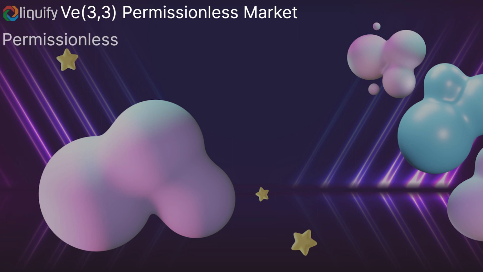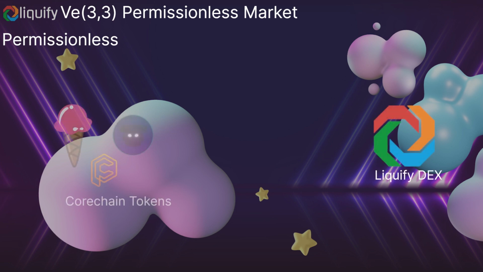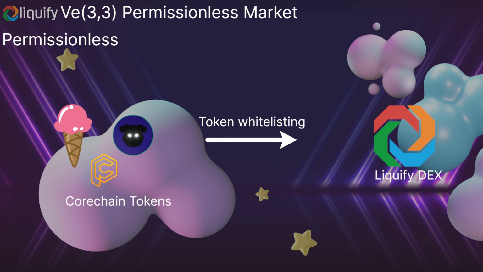Being permissionless allows projects on CoreChain to freely enlist their tokens on the Liquify DEX. To be eligible for whitelisting, a token must be submitted by a wallet holding at least 0.5% of the total circulating supply of Liquify.